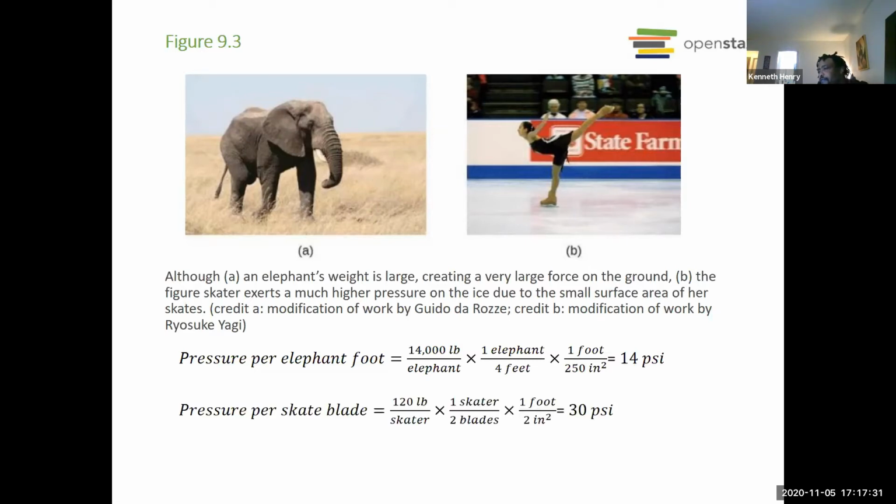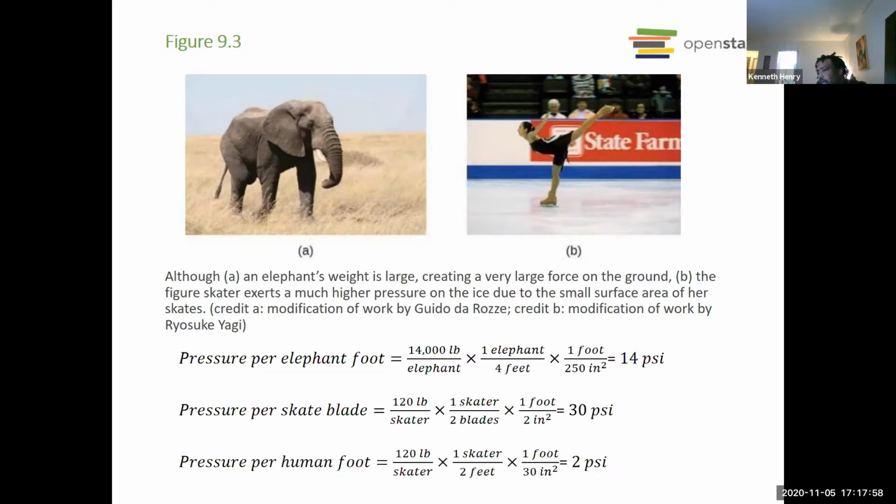The ice skater is 120 pounds. The ice skater has 2 blades, and each blade altogether is about 2 square inches. So if you do the math, the ice skater is 30 psi.